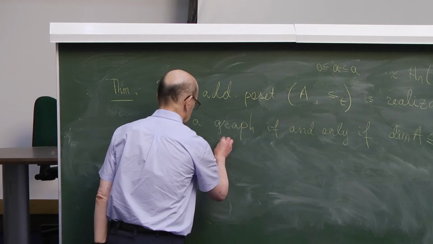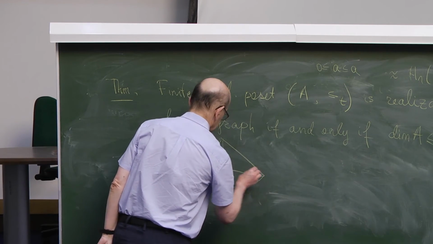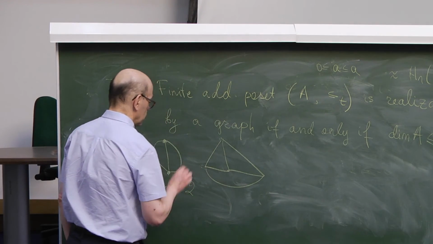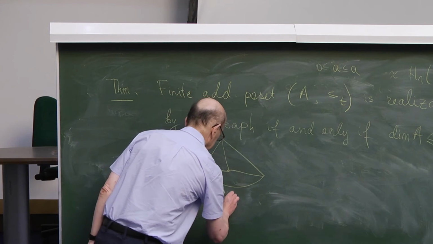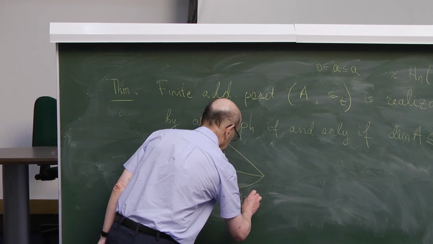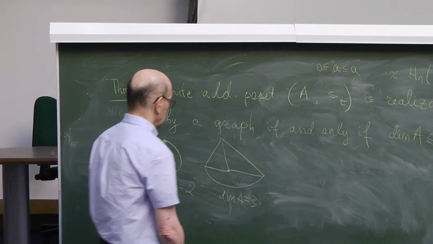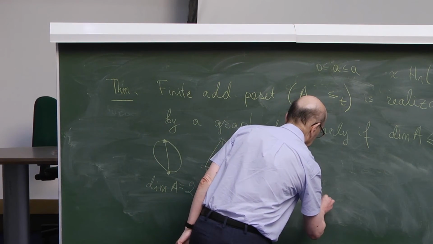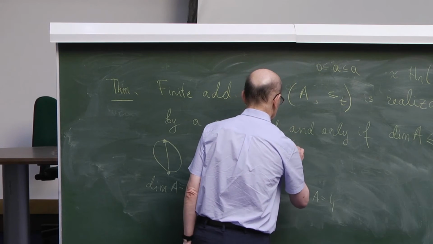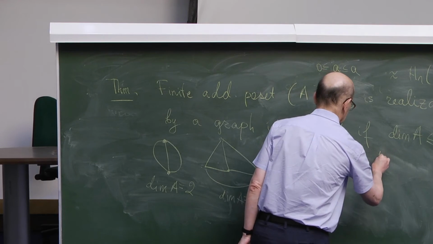The one-skeleton of a tetrahedron realizes dim A equal to 3, because the Betti number of this graph is 3. And dim A equal to 4 is realized by K33, a graph with 6 vertices.